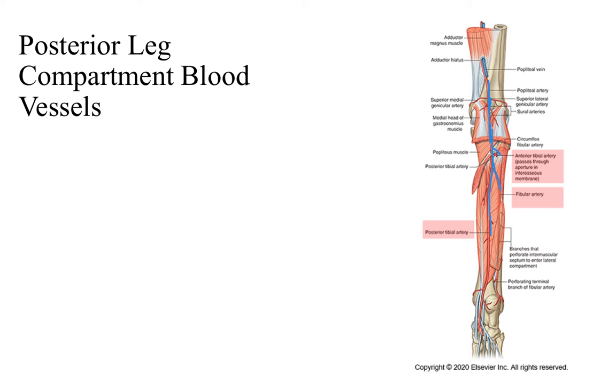So specifically, the anterior tibial artery will supply the anterior compartment as well as the dorsum of the foot. And then the posterior tibial artery will supply most of the muscles in the posterior compartment of the leg and the plantar region of the foot, as well as the fibular artery will supply some of the muscles in the posterior compartment as well as some of the muscles in the lateral compartment.